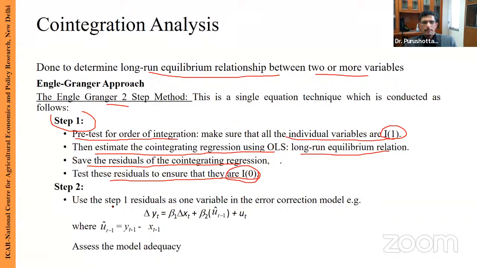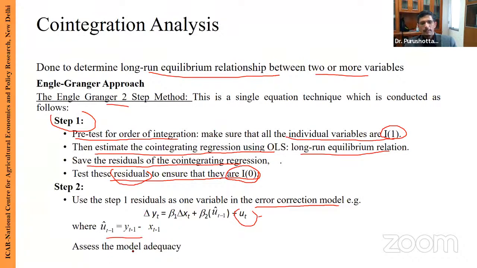And then second step, use these residual series as a variable in the error correction model. We are going to test this error term, which must be identically and independently distributed.